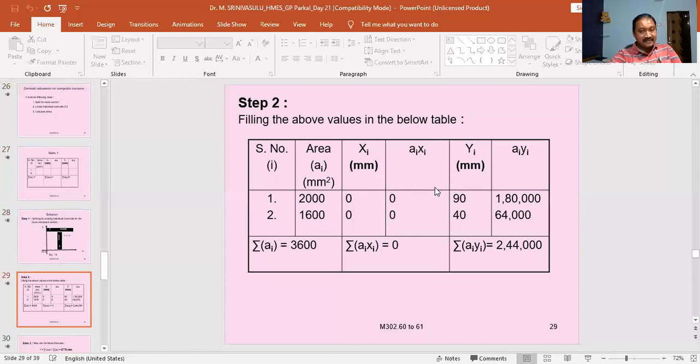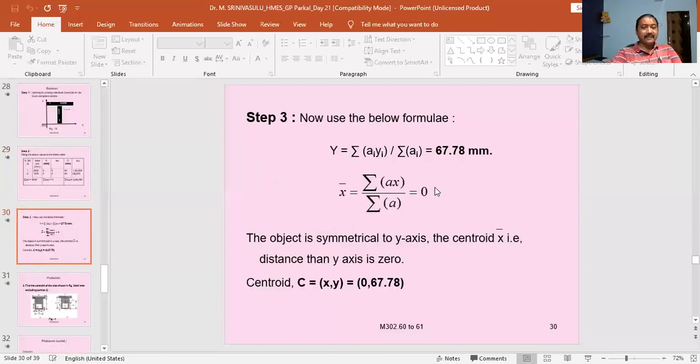In the present case, the value of the centroid, the x y coordinate, is equal to 0, 67.78. Actually 0 means the midpoint of the x-axis, so the centroid is lying on the y-axis.